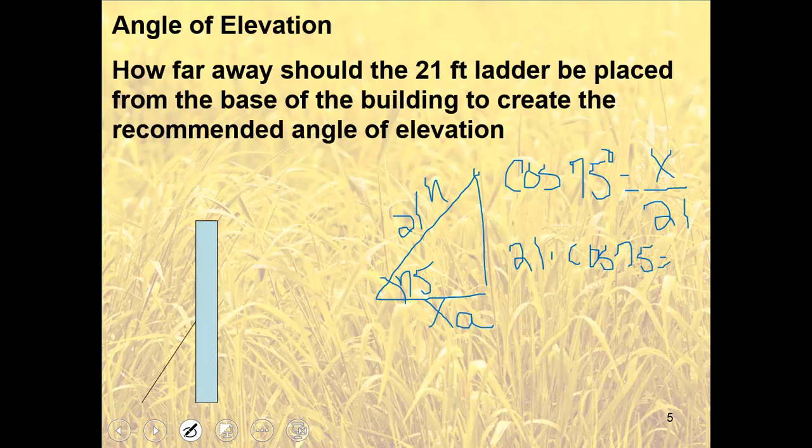And we just plug that into our calculator like we've been doing. 21 times cosine 75. So that means it needs to be placed 5.4 feet from the base of the building. 5.4 feet equals x. So we want this distance here to be 5.4 feet.